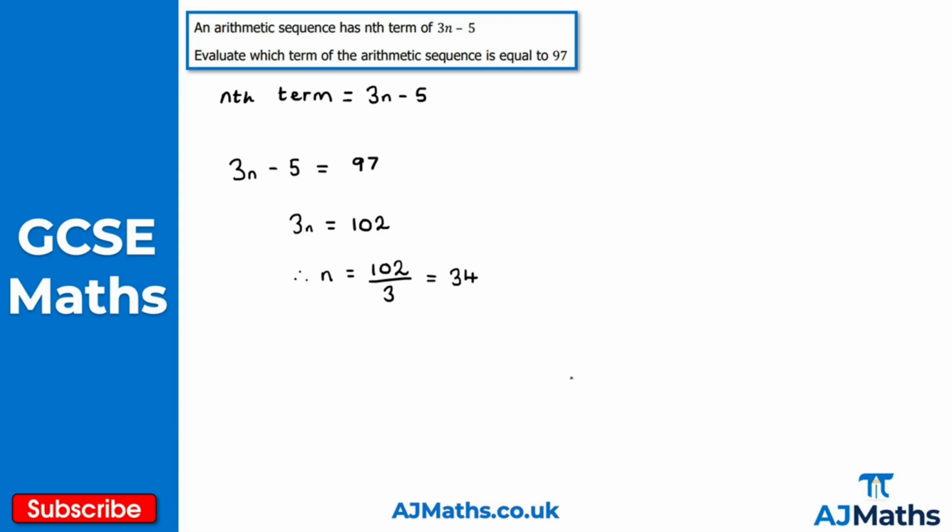What this number tells us is which term that is. So 97 is the 34th term in the sequence. That's what we're looking for here.